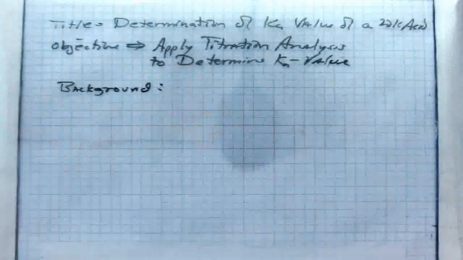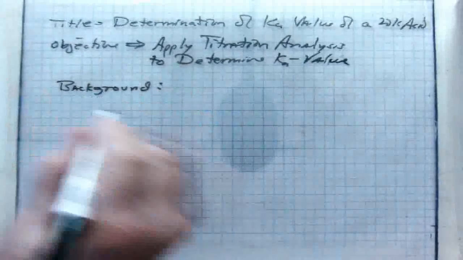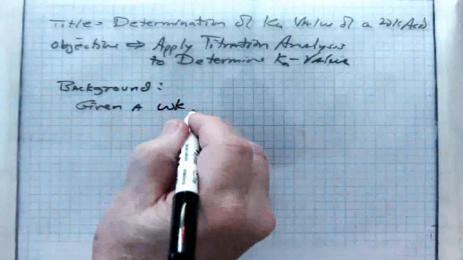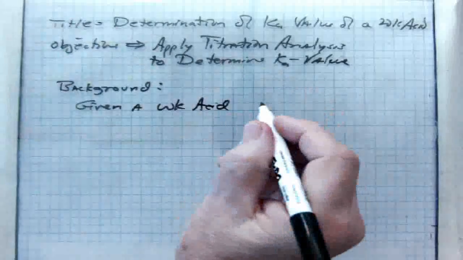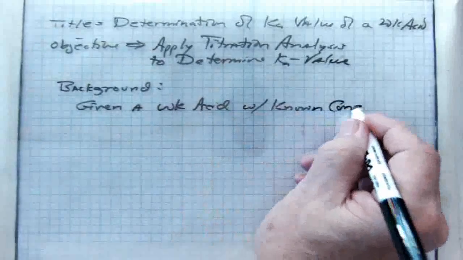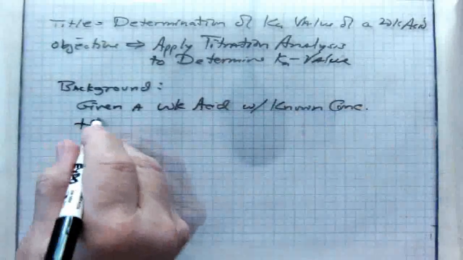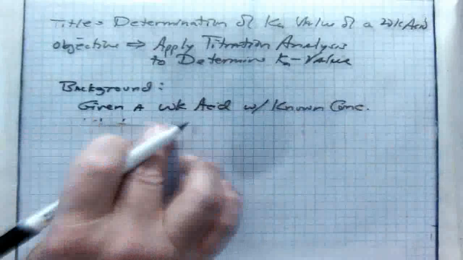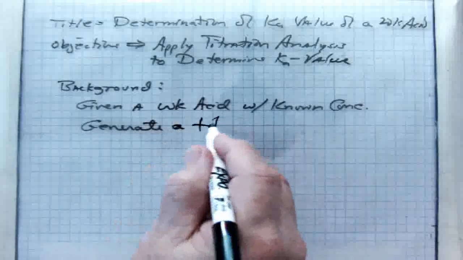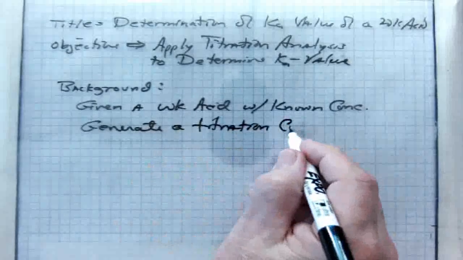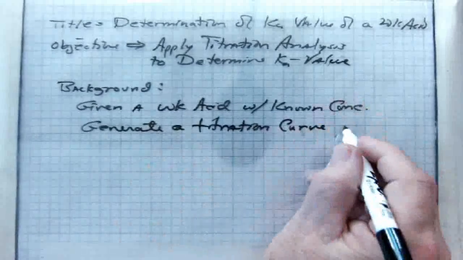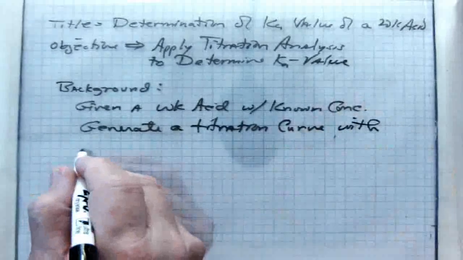So, given a weak acid with known concentration, titrate or generate a titration curve with a known concentration of strong base.